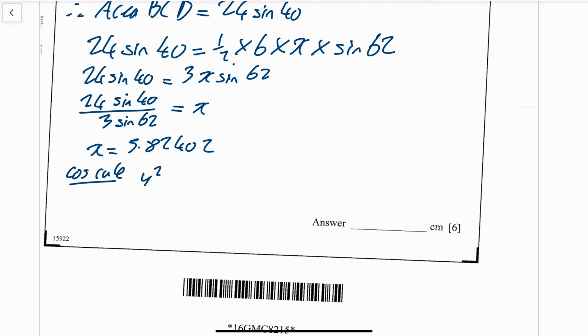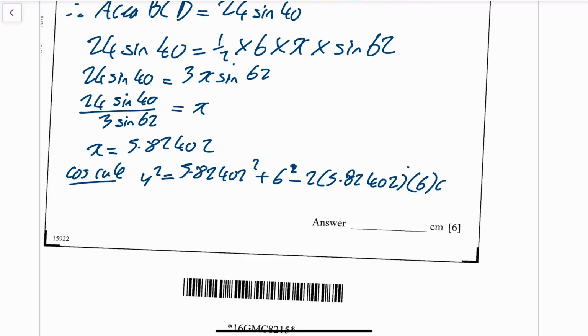So y squared will be equal to 5.82402 squared plus 6 squared minus 2 times 5.82402, and then times 6, and then times the cos of 62.